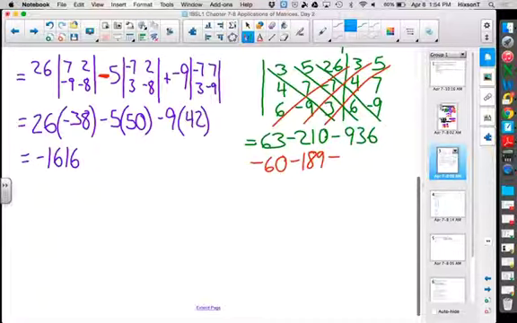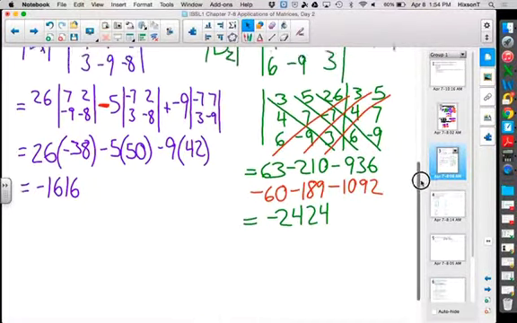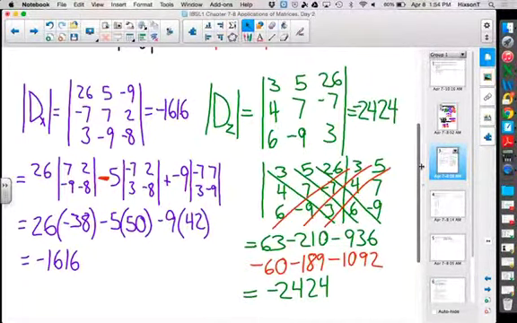Would you get 1092? Yeah. Okay. So that should come out to a negative 2424. So there's just a brief review of the two methods there.